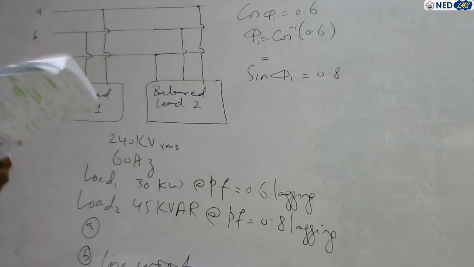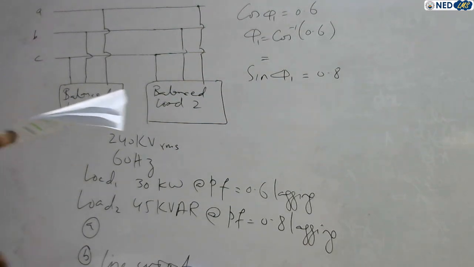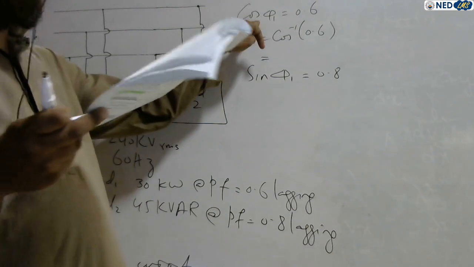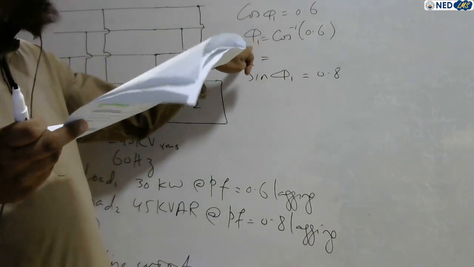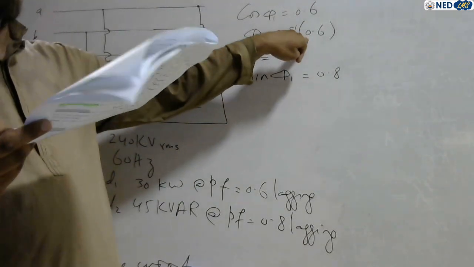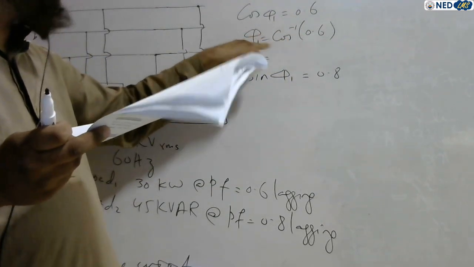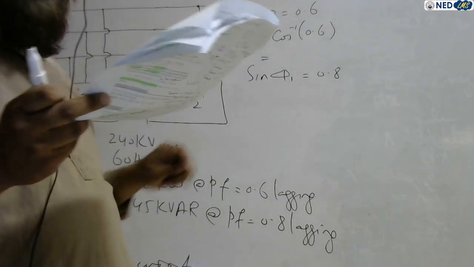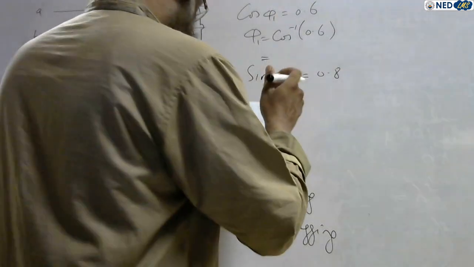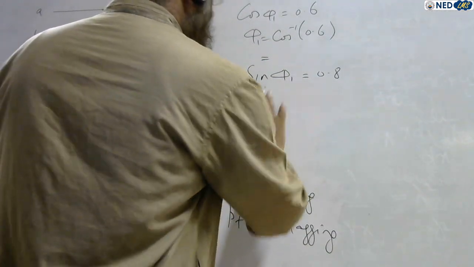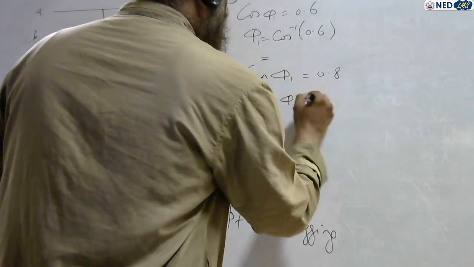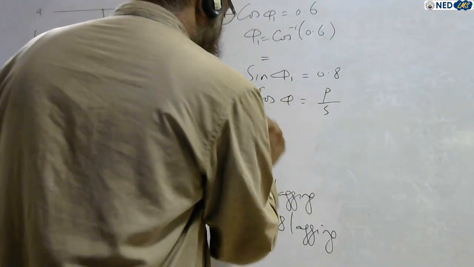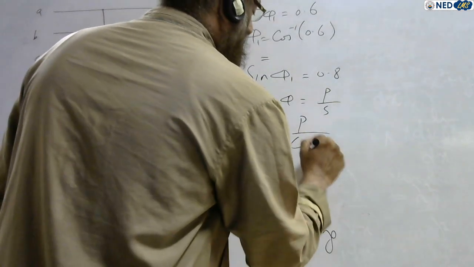According to the given information, we have the power factor of load 1, that is 0.6 lagging. Power factor is cosine, so you can calculate this phi angle by taking cos inverse of this value. When you get this angle phi 1 and take the sine of that angle, you will get 0.8. We know that power factor is the ratio of active power over apparent power, and if you rearrange this formula, S equals P over cos of phi.